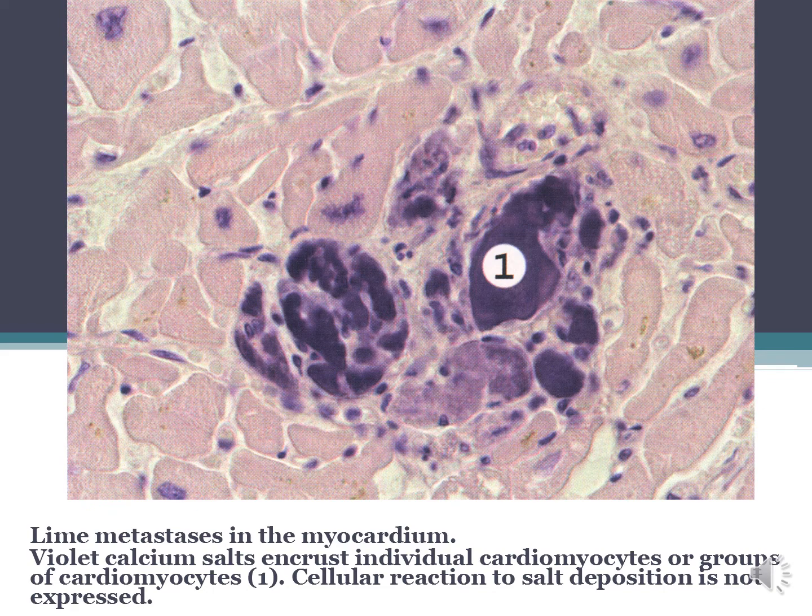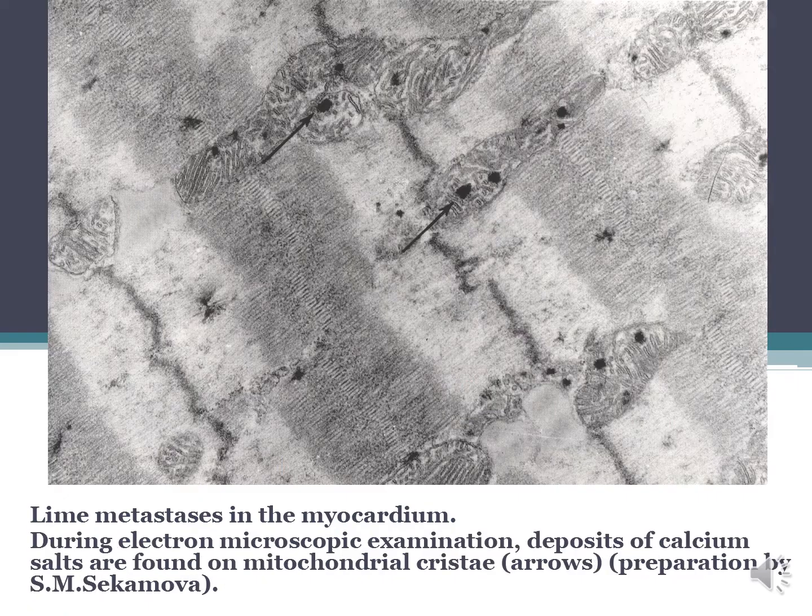So here you see cardiomyocyte cells, and here in the center of the picture we see bluish-violet color accumulations of the calcium salts. So this may be a result of metastatic calcification.